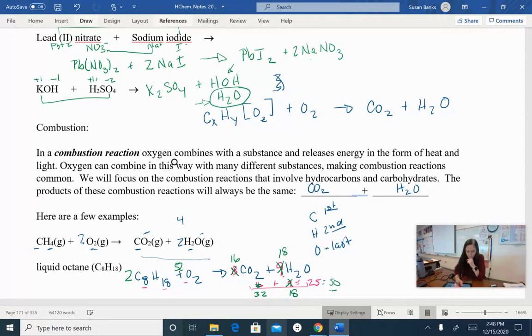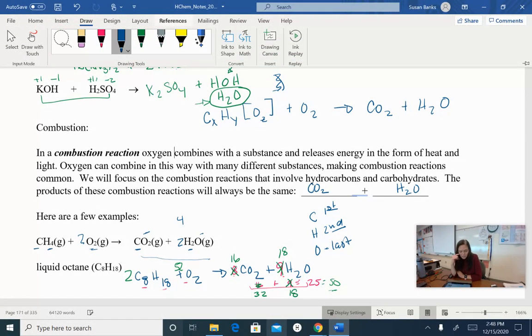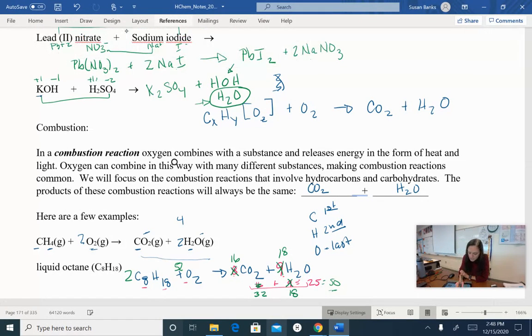Let's balance it. So if I look at my potassiums, I've got 1 potassium here, I've got 2 here. So I need to double this. Okay? Now I'm going to look at my sulfate group. I've got 1 sulfate group and I've got 1 sulfate group. So I'm okay. Now let's look at my hydroxide groups. I've got 2 hydroxide groups.